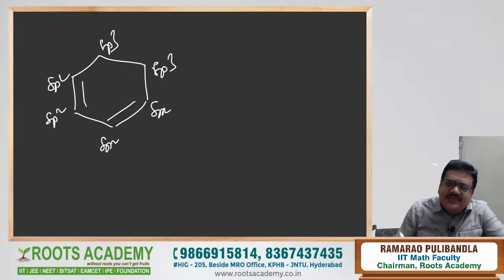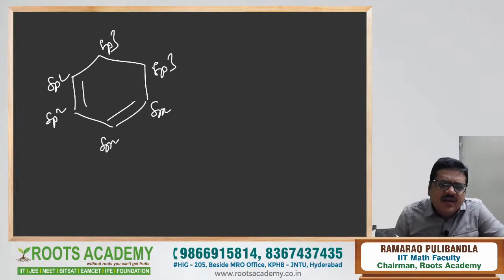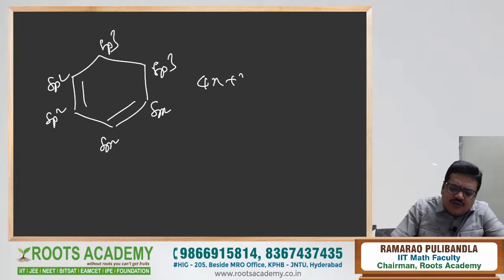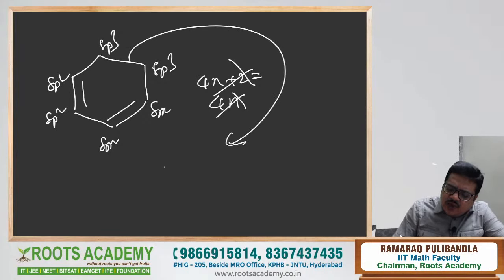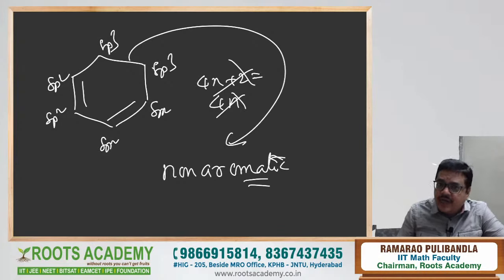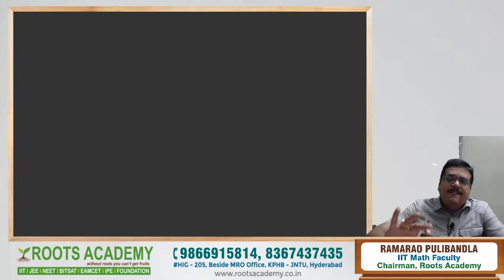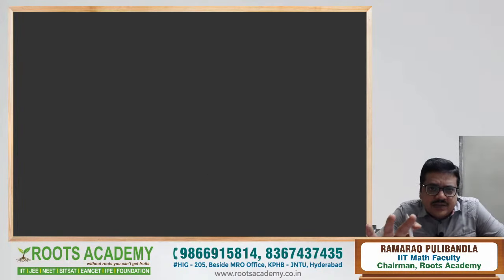Whenever sp3 hybridized carbons are present, we should not apply the 4n plus 2 electron formula or the 4n formula. So it is considered non-aromatic. Now this is about aromaticity and non-aromaticity.